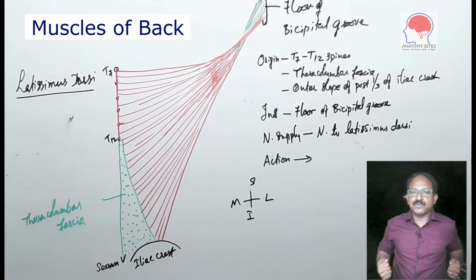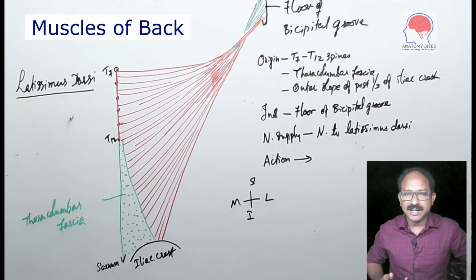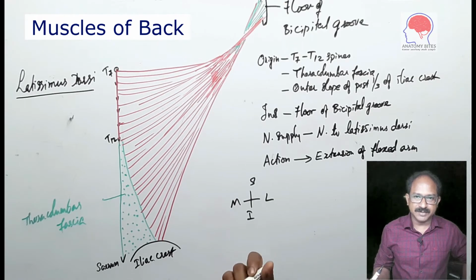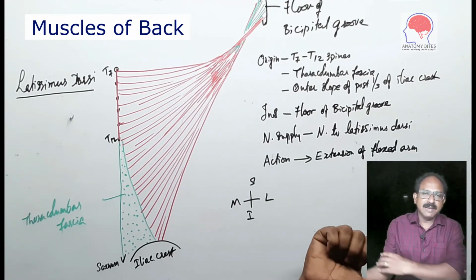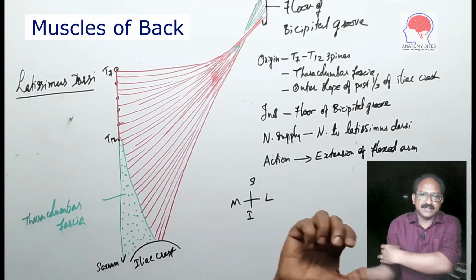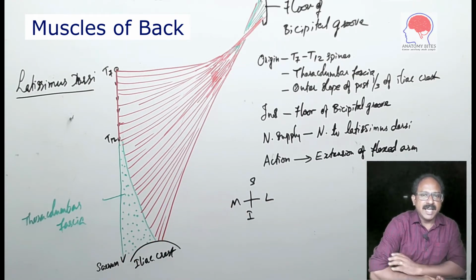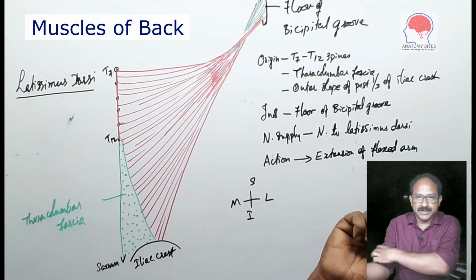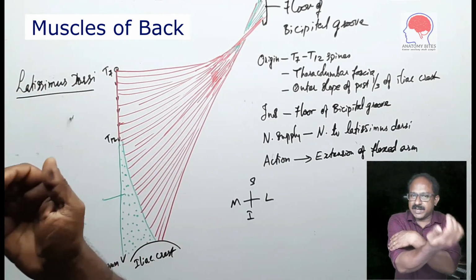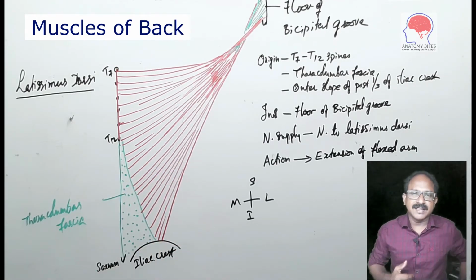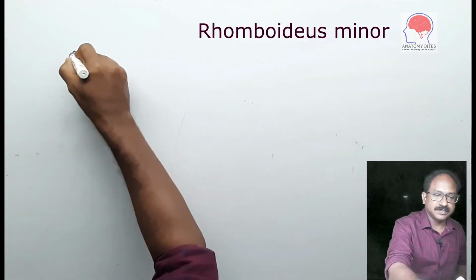This movement is produced by the latissimus dorsi. It is also a medial rotator of the humerus. That means it helps to rotate the humerus medially, like this. This is medial rotation of humerus, and the opposite is lateral rotation. So it is an extensor muscle as well as a medial rotator. That is the action of latissimus dorsi.